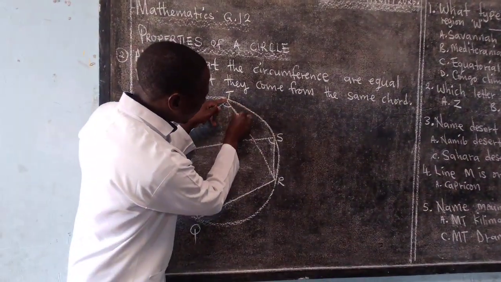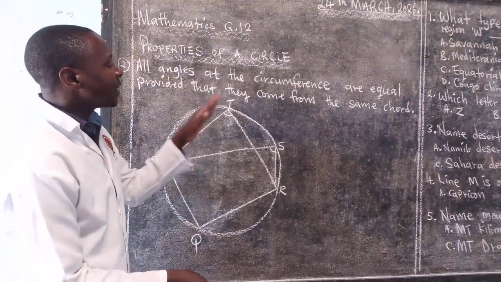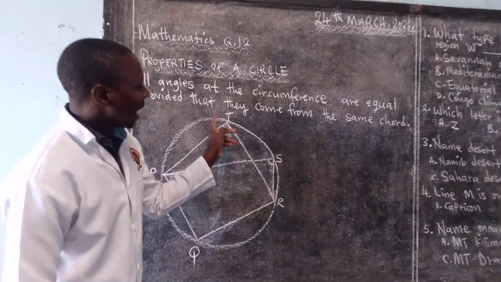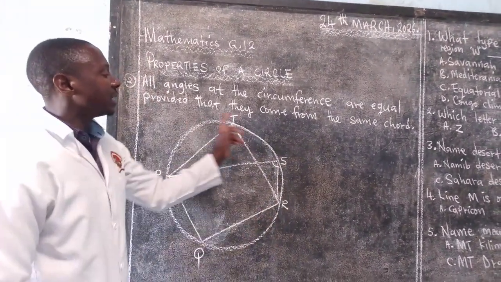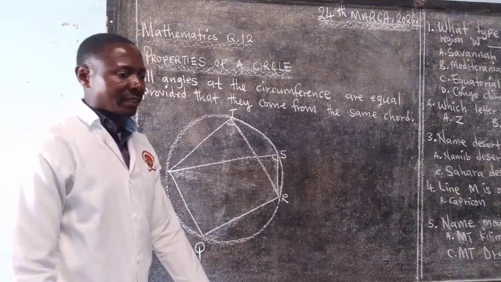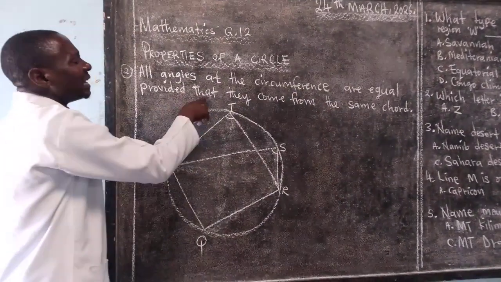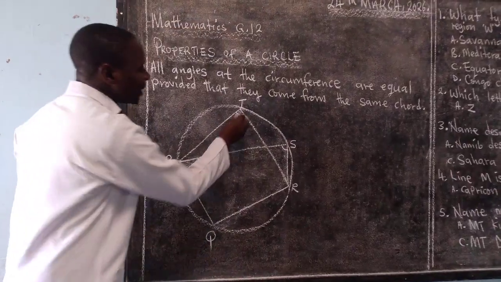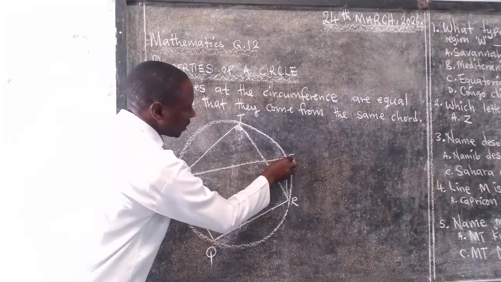As long as the angles are coming from the same chord and are attached to the circumference, those angles must have the same degrees. Are we together? The angles at the circumference are equal, provided that they come from the same chord. Which means this angle is equal to this angle.